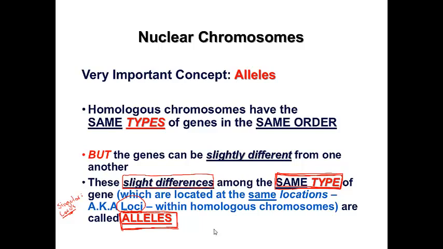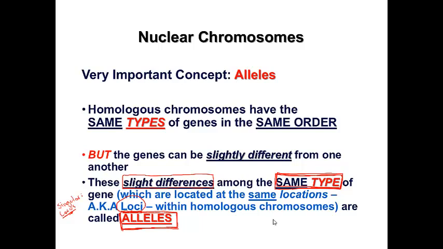So when you're talking about alleles, instead of talking about gene number 1, gene number 2, gene number 3, gene number 4, you might want to think about them in terms of gene number 1A versus its allele gene number 1B, or another allele gene number 1C.